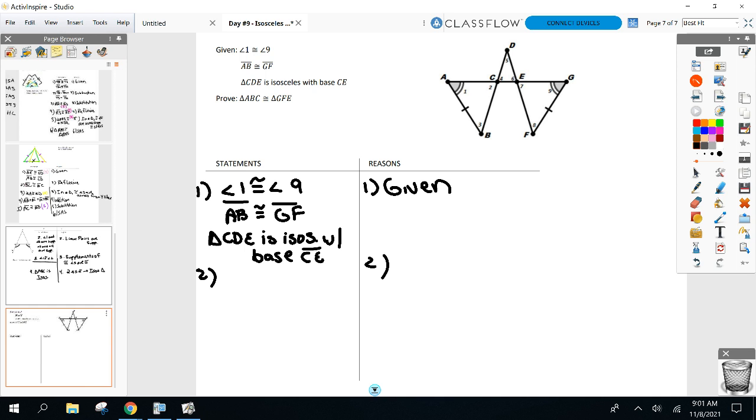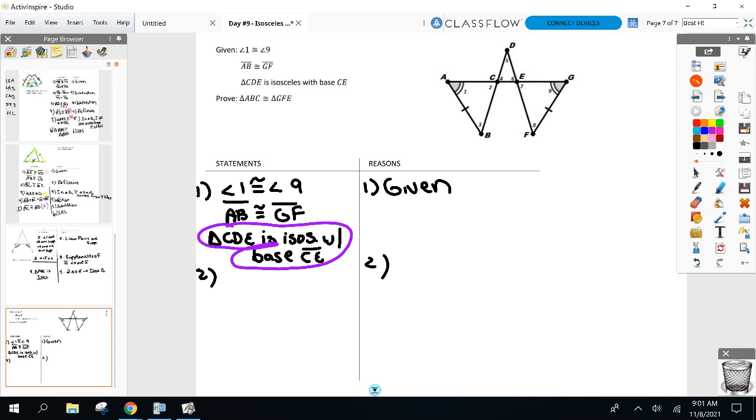Right here, this given, saying that triangle CDE is isosceles with base CE. So CDE is isosceles, which means it's got 2 sides congruent, right? I got to know which 2 sides. I just don't assume left and right. I can't assume that. I got to figure out which 2 sides are congruent if that's an isosceles triangle. That's why they gave you base CE.